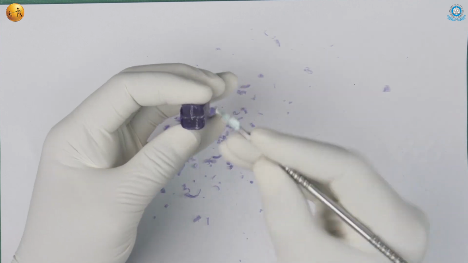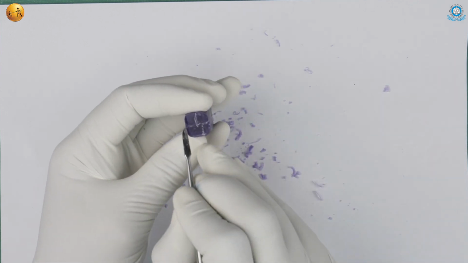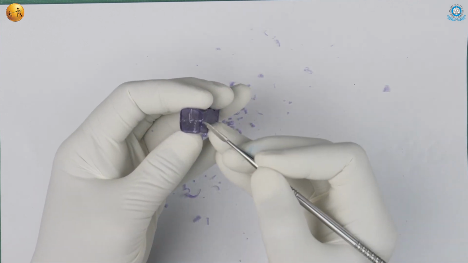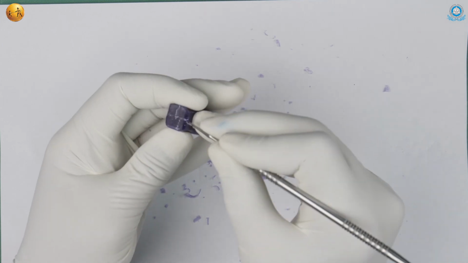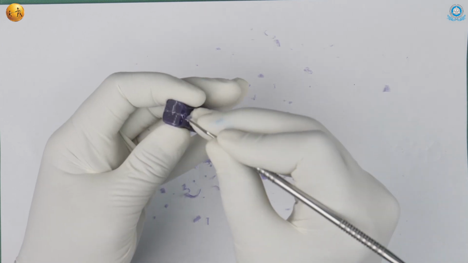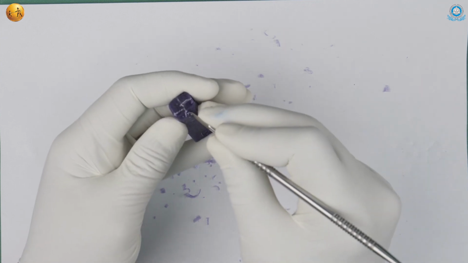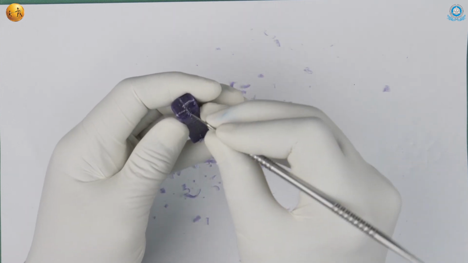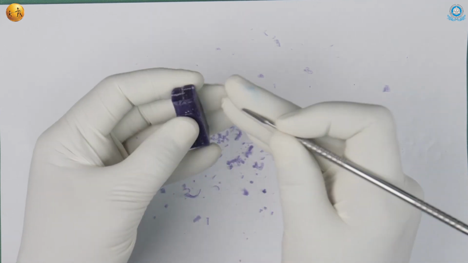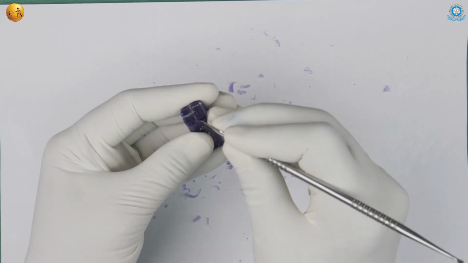Okay, then now here there is triangular fossa, this is mesial triangular fossa, this is distal triangular fossa. So within the triangular fossa, please remove this wax like this. So this is triangular fossa. So on the same side, opposite side, you have to do it again.